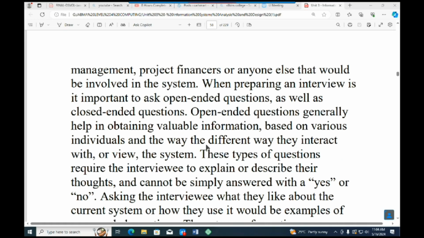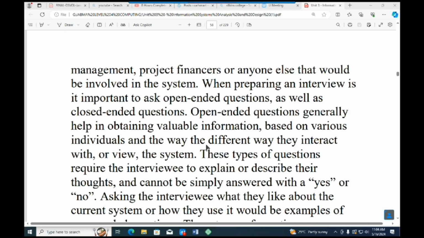These are questions that require the interviewee to explain. The interviewee will describe what they think, their thoughts about the system or about the question you have asked them.